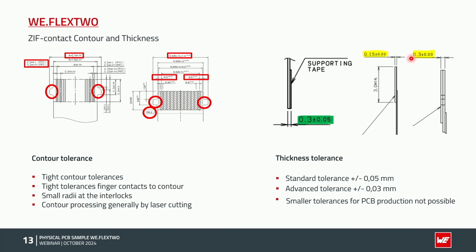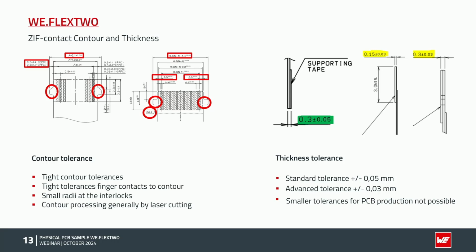You can also find SIF connectors with 30 micron thickness tolerance. The standard tolerance is 50 micron, and for that we use a depth milling, a routing process, which is also used for removing the rigid parts. So it's a standard process, and we do it in one run.